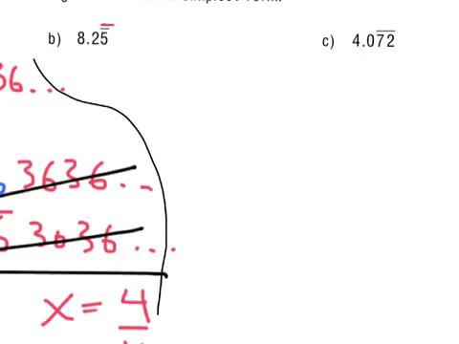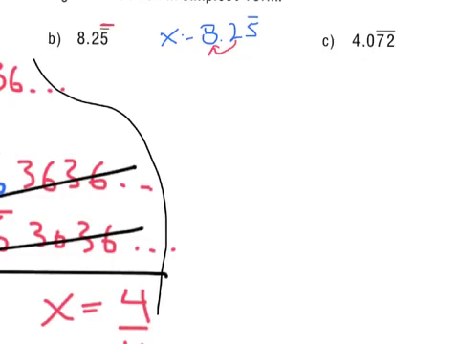But sorry, before I even do that, I'm just going to let x equal my original number, 8.25 repeating. Then the second step is I'm trying to get the 2 on the left side of the decimal, and in order to do that, I need to multiply both sides of the equation by 10.